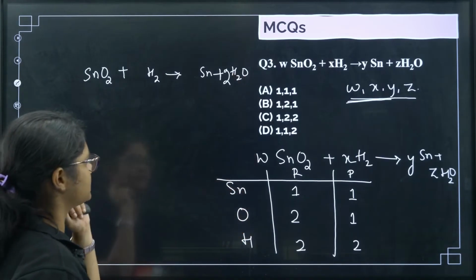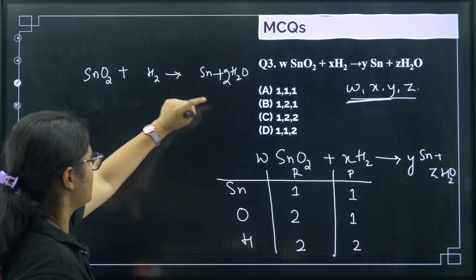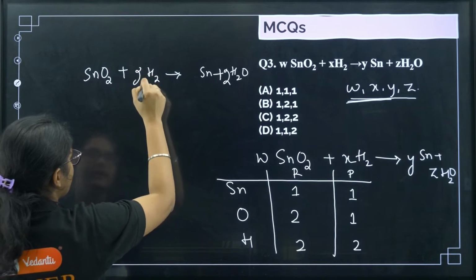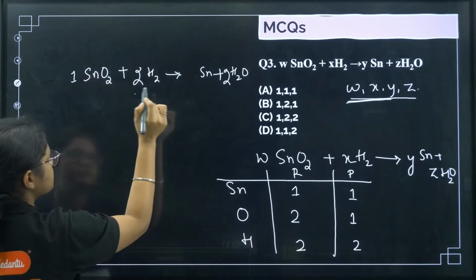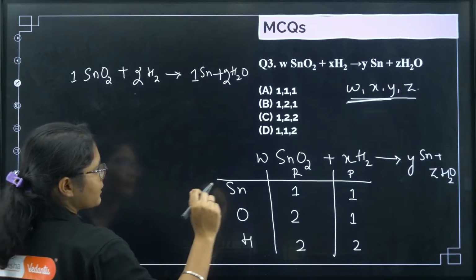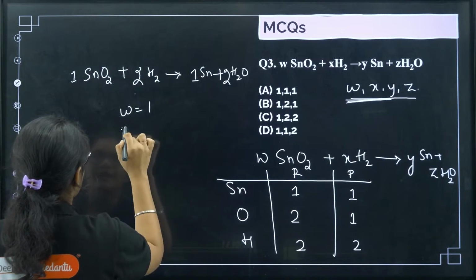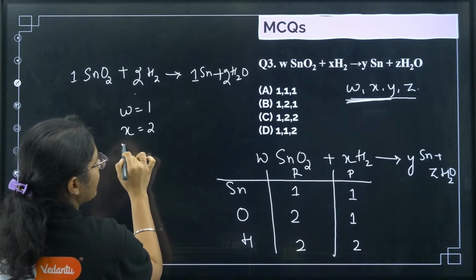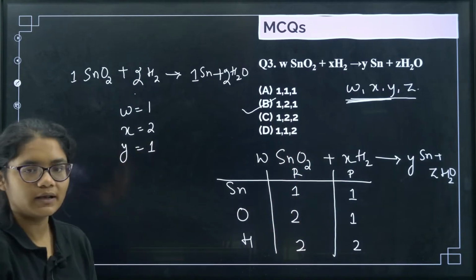Now the number of oxygen is balanced. Now the hydrogen has become 4 on the product side and is 2 on the reactant side, so I can write 2 H2. Now this is 1, this is 2 and this is 1. The question has asked for W, X and Y, so W is equal to 1, X is equal to 2 and Y is equal to 1. The correct answer is option number B.